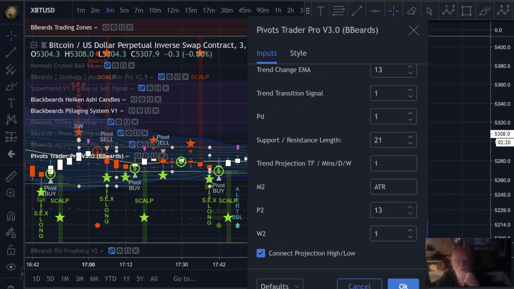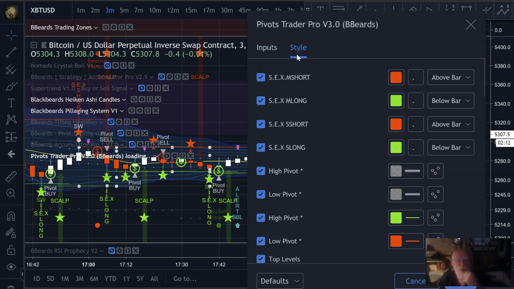Let me go here. This is for the plot lines. I just turn the plot lines off. Let's go into style. These settings you can play with however you want.